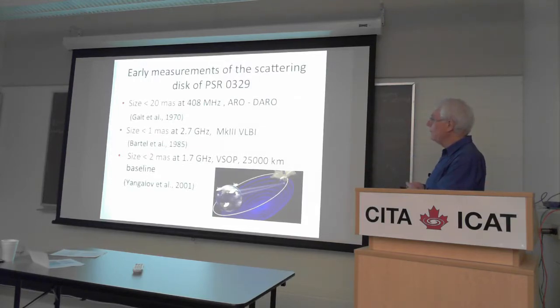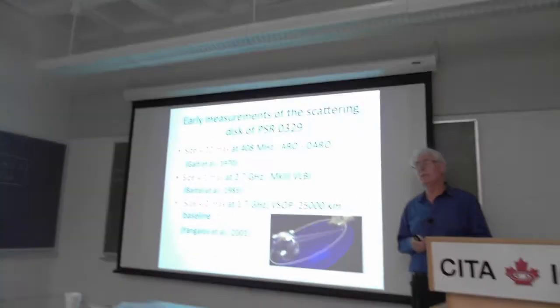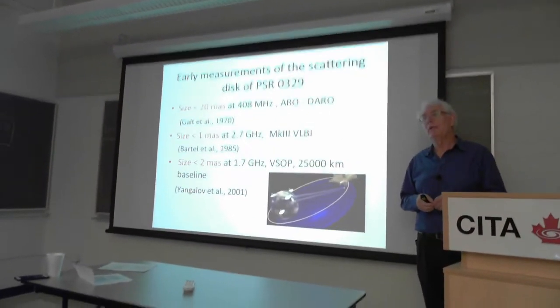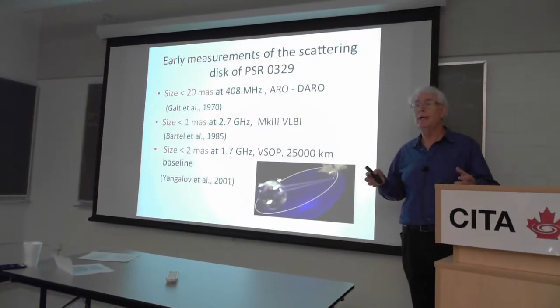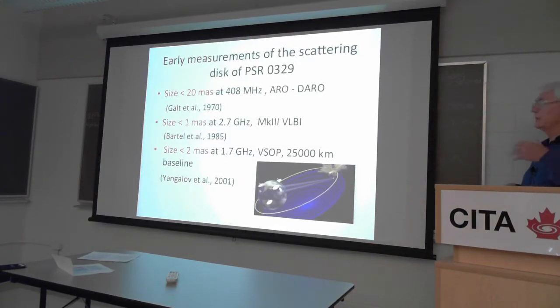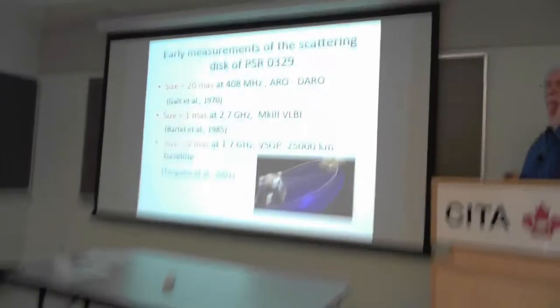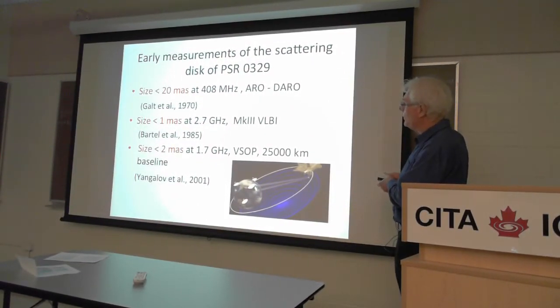A few years later, actually 15 years later, with what was then the Mark 3 VLBI system, which improved the sensitivity by about 5 times, we could observe quite a number of pulsars with much better sensitivity. We observed at 2.7 gigahertz and got a better upper limit of 1 milliarcsecond.